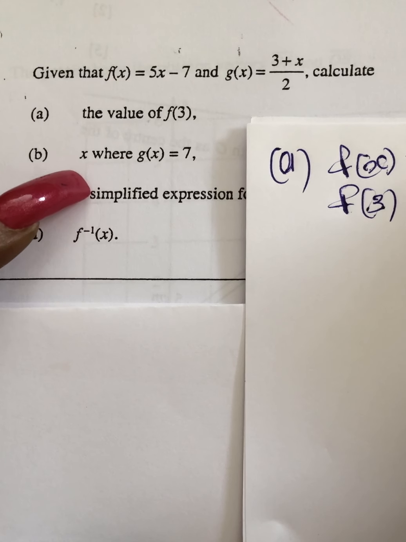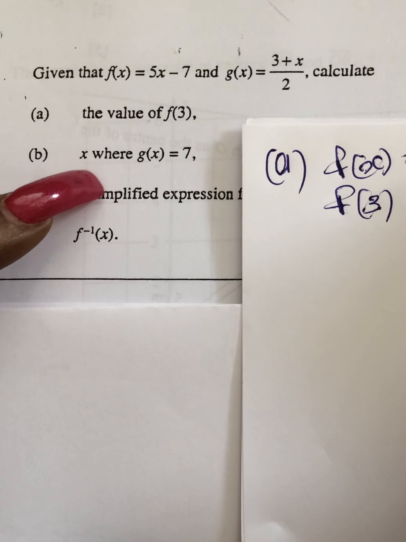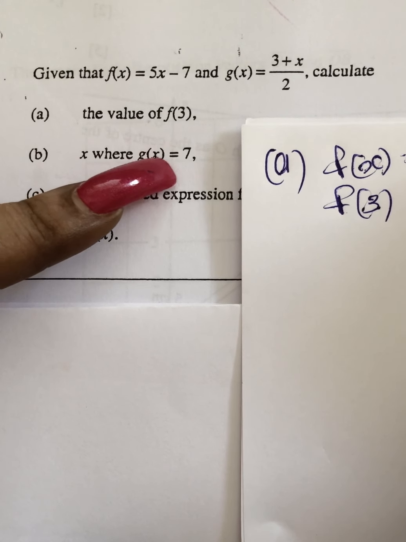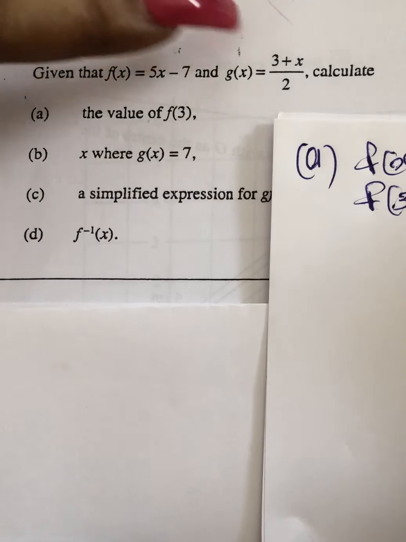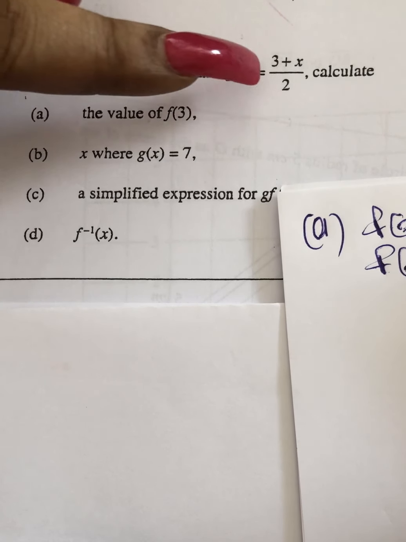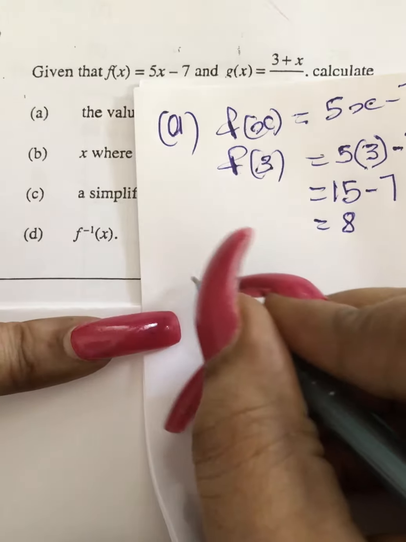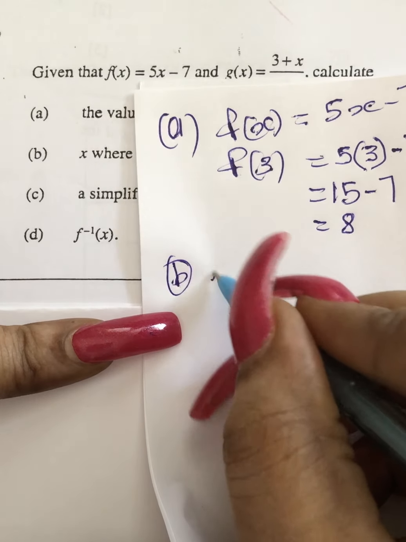Let us look at our part B. We want to find the value of x where g of x is equal to 7. This is my g of x. I need to make this part of the equation equal to 7. So let me write my g of x.